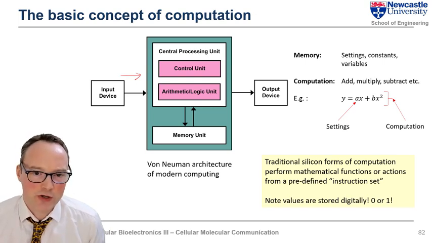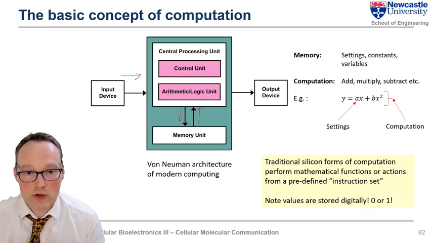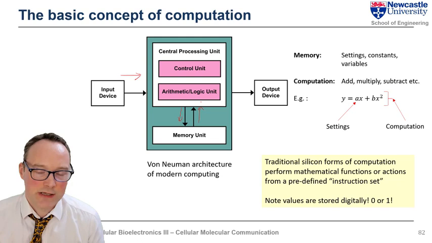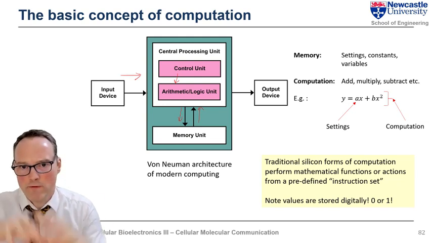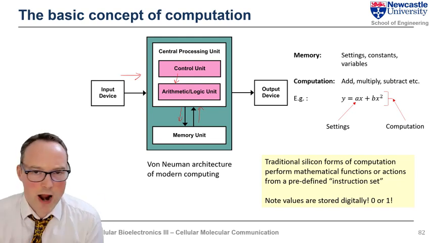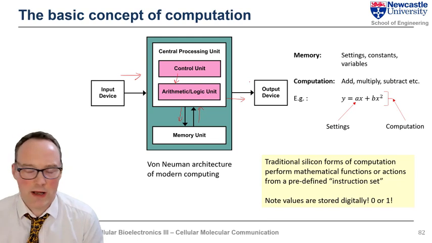The processor fetches the required memory element, takes it back to the processing unit, and then that instruction tells what's called the arithmetic logic unit to perform the required calculation, and then out pops the answer out the other side.